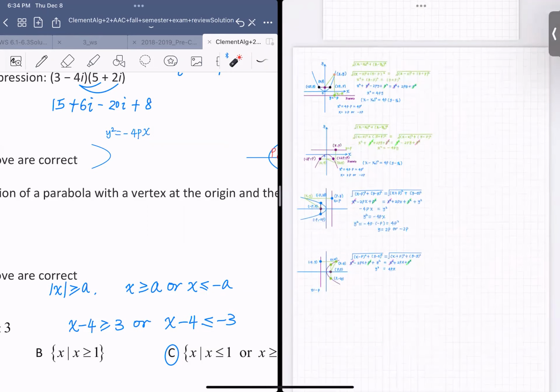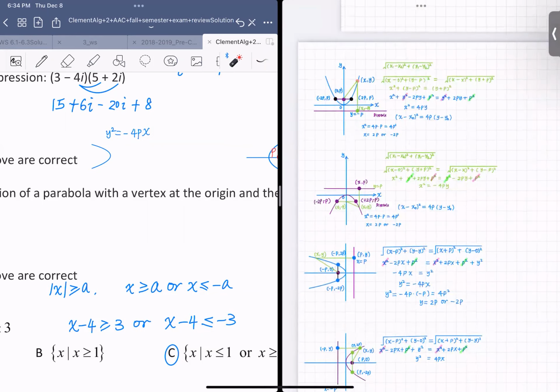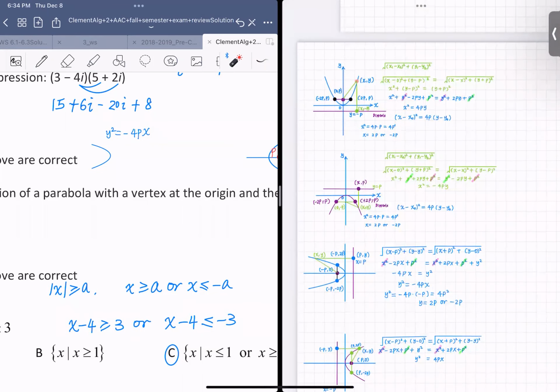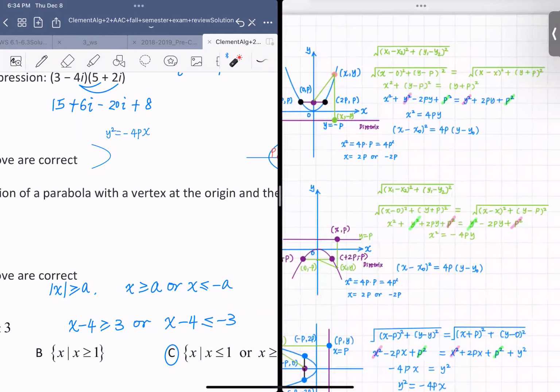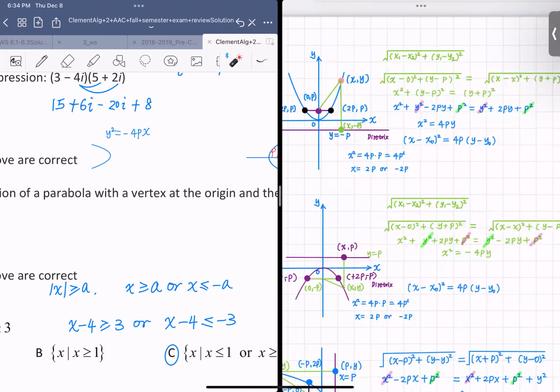These pictures. This one, we summarize all these parabolas: opening up, opening down, opening to the left, opening to the right. And if the vertex is at the origin, easy, you just use the simplest format. If it has a shift, just do the horizontal shift and vertical shift.